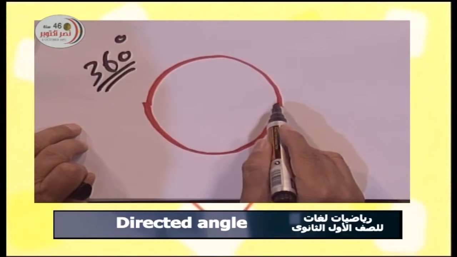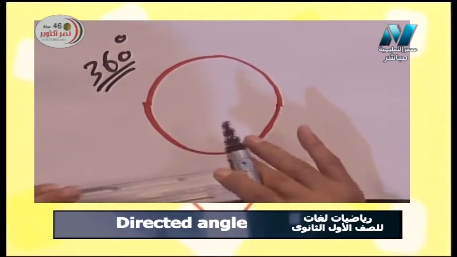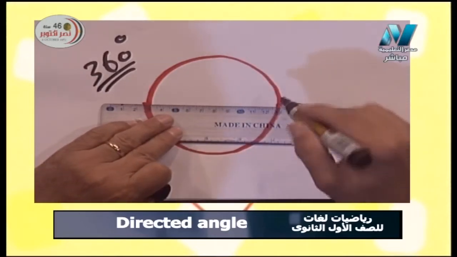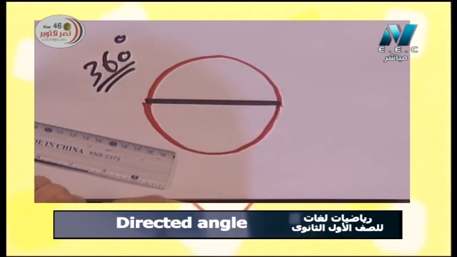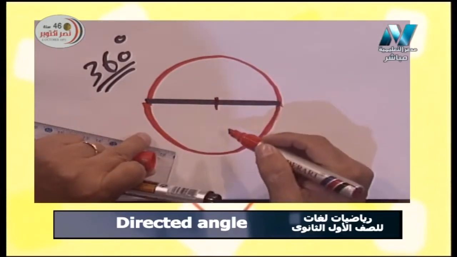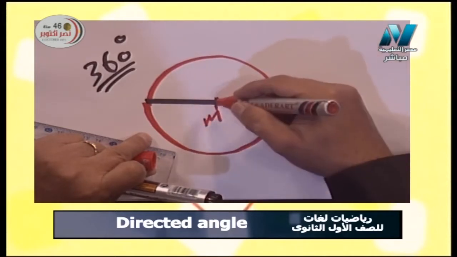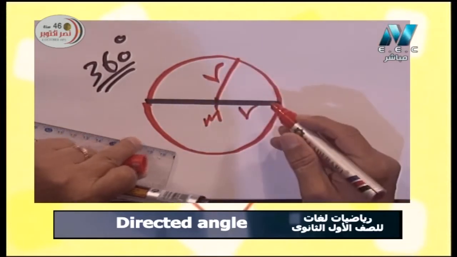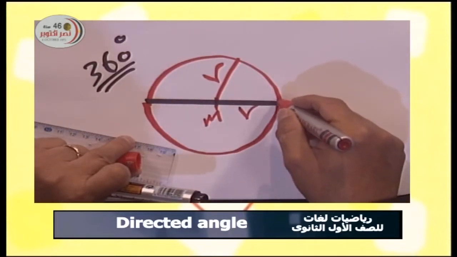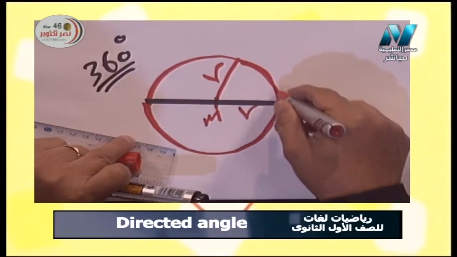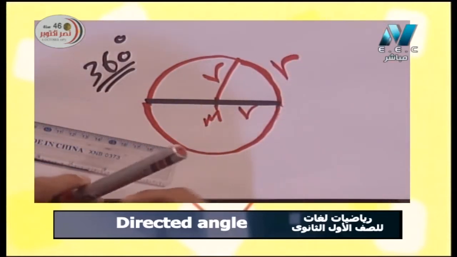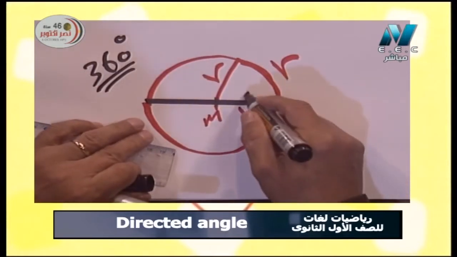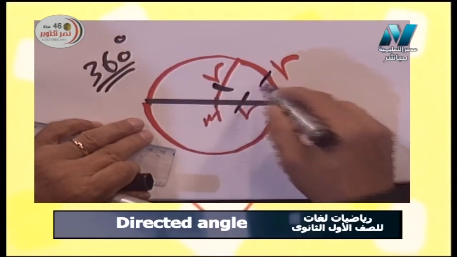But if you want to use another system of measuring, we call it radian measure. We have here the radius, equal to another radius here, and when this arc equals r also, all of them are equal in length: this is r, this is r, and this is r.